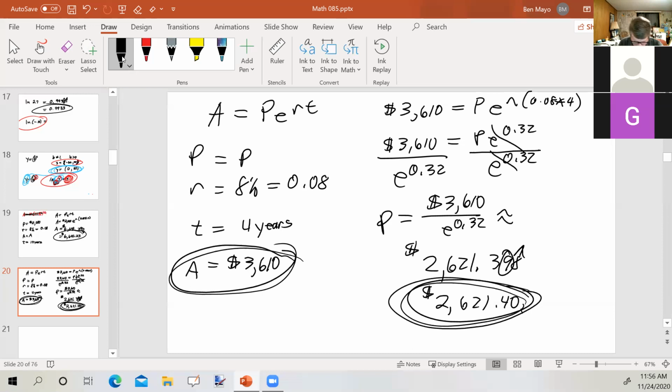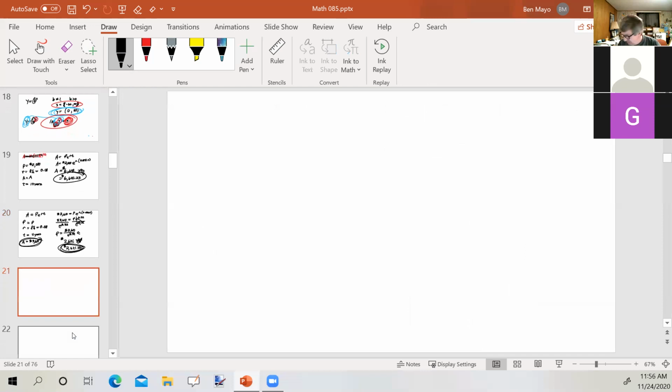Okay. Let's talk about bed bugs. It says, if not checked, the population of a colony of bed bugs will grow exponentially at a rate of 65% per week. If a colony currently has 50 bed bugs, how many will there be in 6 weeks?